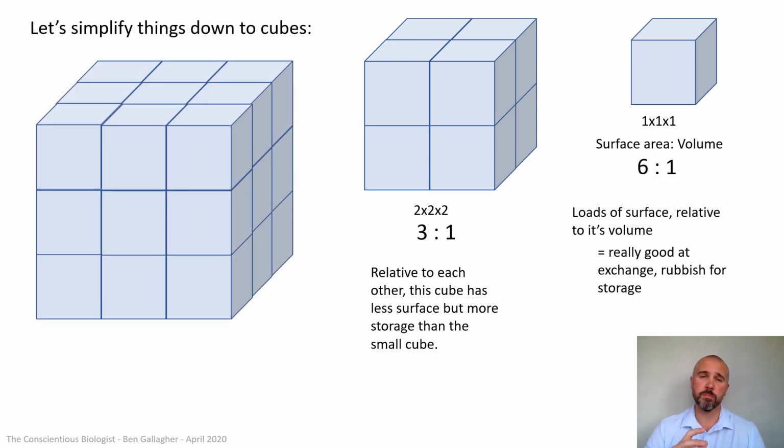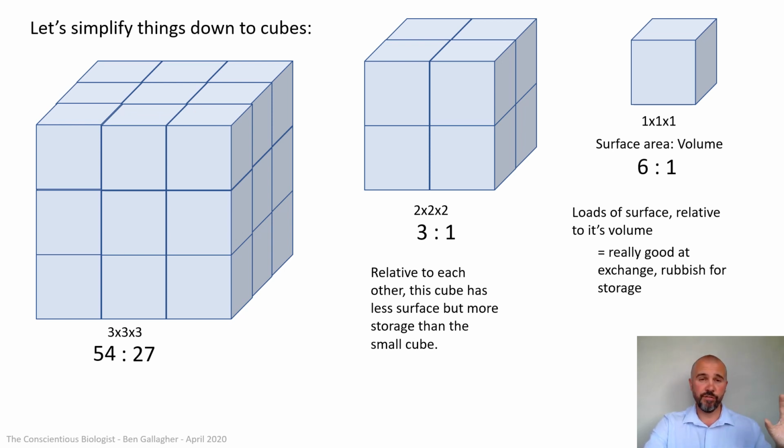Let's jump it up once more now, just to really hammer this point across. Let's get a 3 by 3 by 3 cube here. Now, each side has got 9 squares on it. Again, you've got 6 sides, so that's 54 units of surface. Its volume is made up of 9 cubes in 3 layers, so we've got 27 cubes making up its volume.